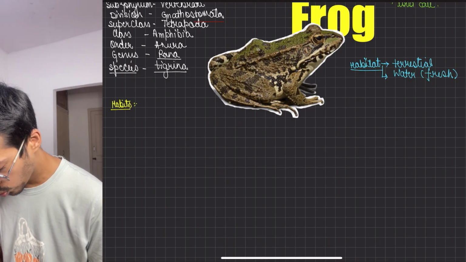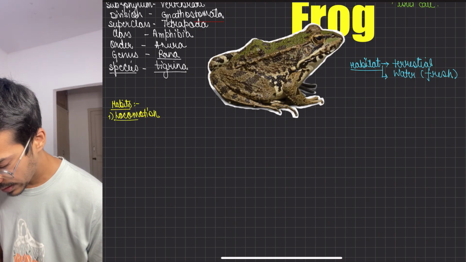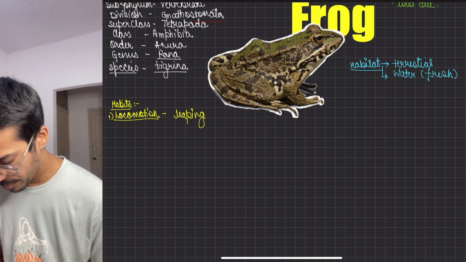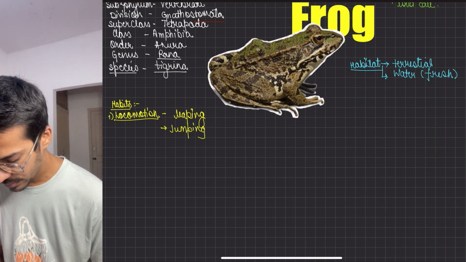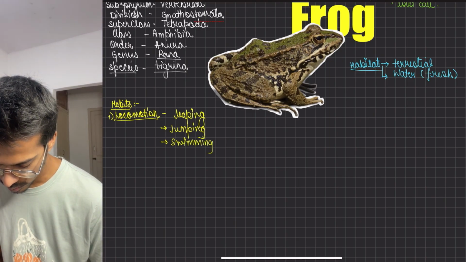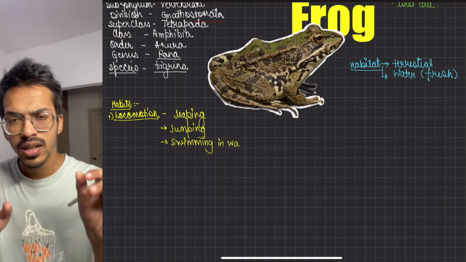First is locomotion. Leaping, that is a shorter distance jump. Jumping, swimming in water, and it can even climb the walls.